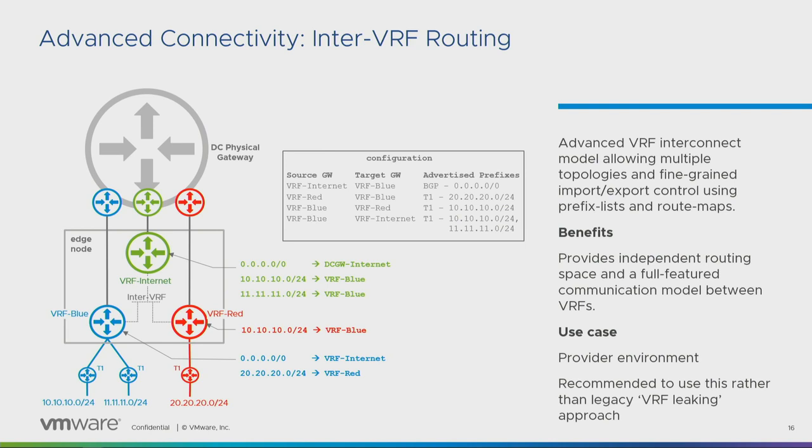And we would also like to leak the default route out of the main routing table into both VRFs. So it's a very standard way of exchanging routes between different VRFs inside NSX. We used to have this VRF leaking approach before this feature. I would say never use that again. This approach is way better, and it was introduced in the 4.1 release as well.